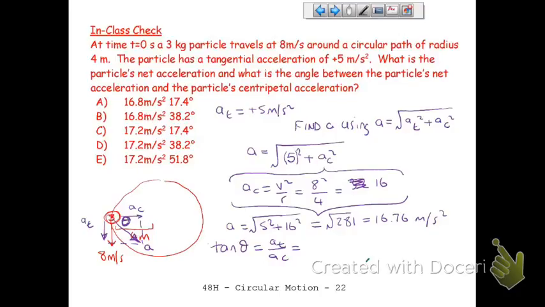AT we were given, AC we just worked out, so theta equals tan to the minus 1 of 5 over 16.76.